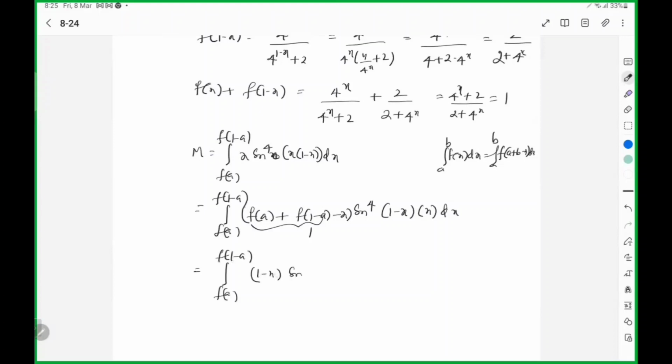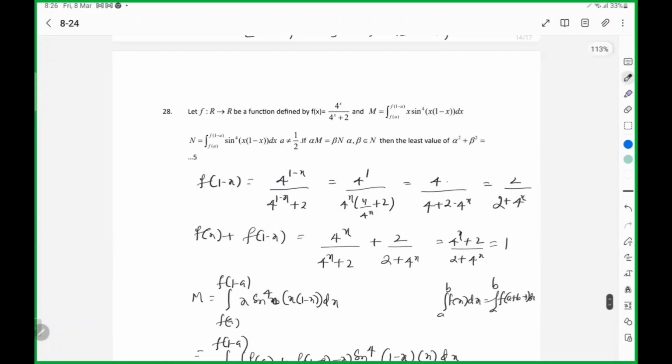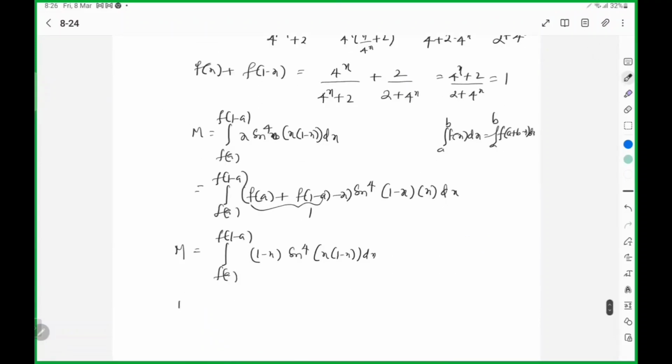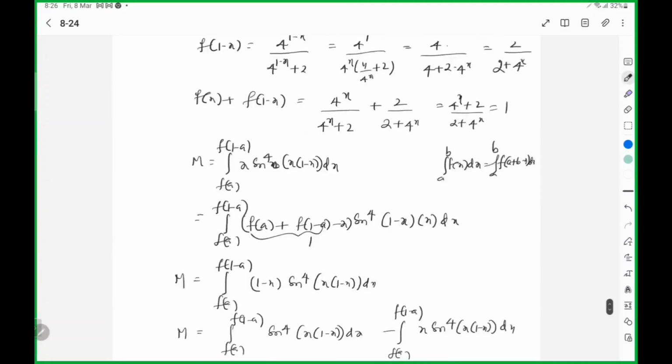Then 1 minus 6 sine power 4, and this is here. So x times sine power 4 x into this whole thing is n.